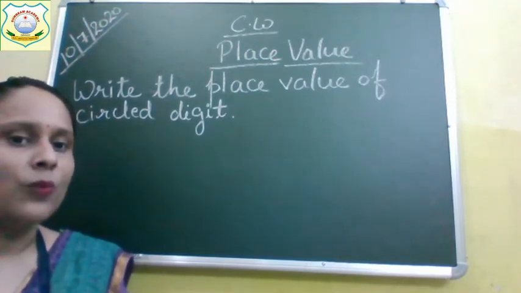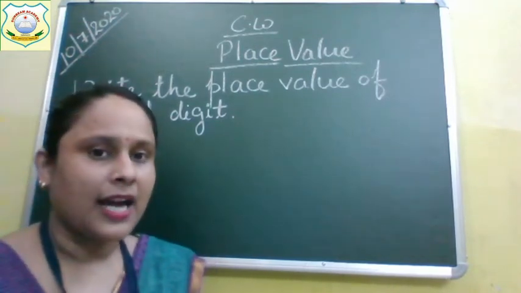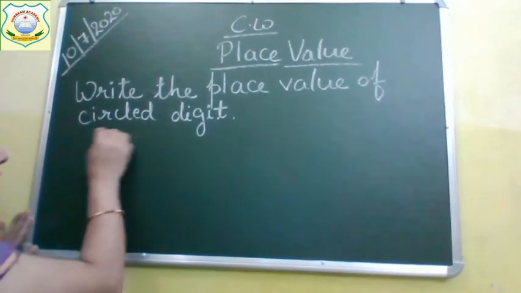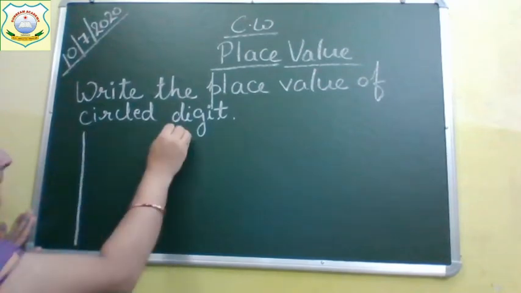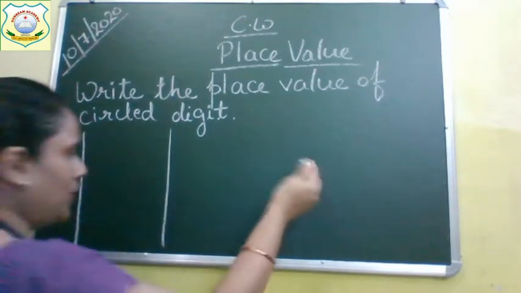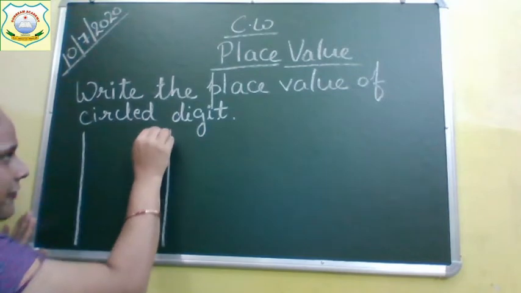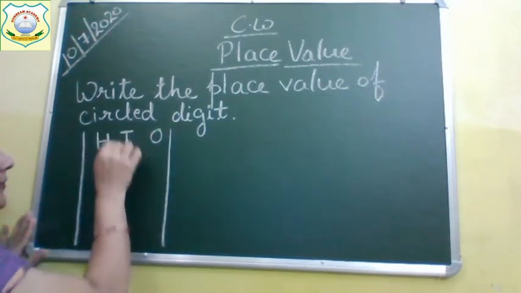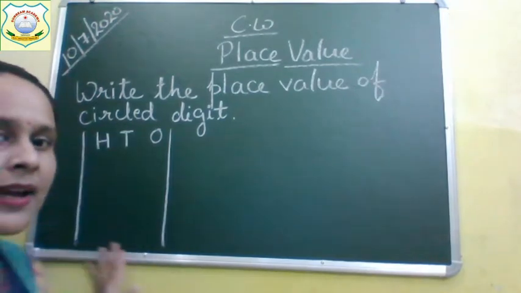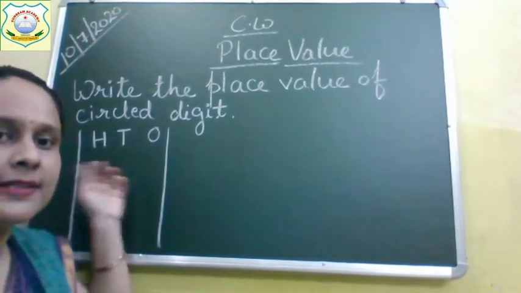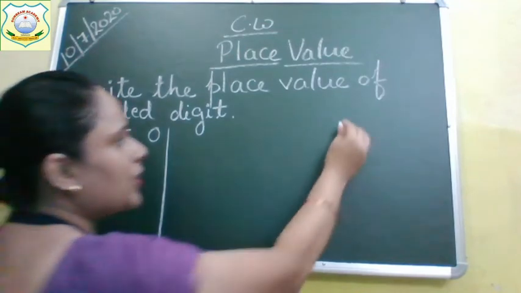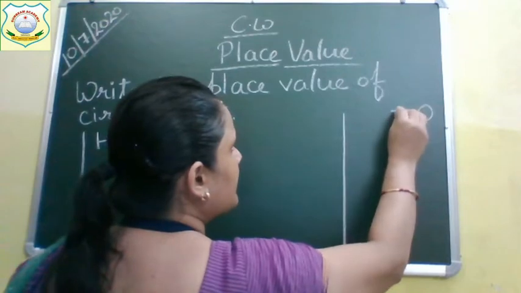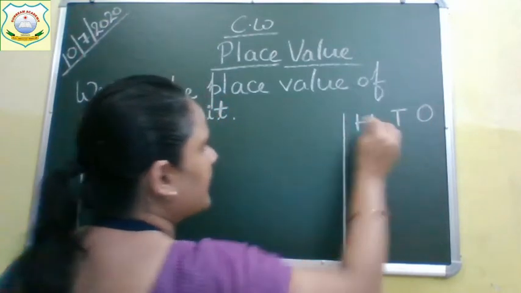Now, children, what I have told, when we are doing place value, what we will do? We will divide our page. Okay, we will draw one line after ones, tens, hundred. Ones, tens, hundred. This side also and this side also.